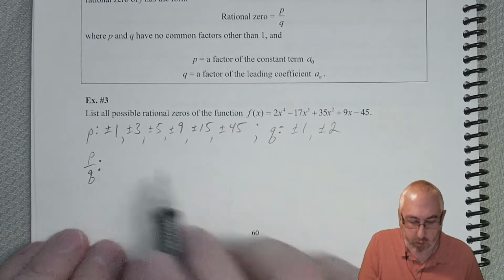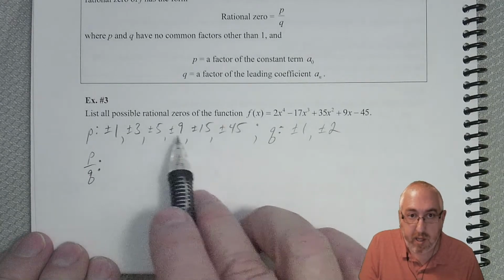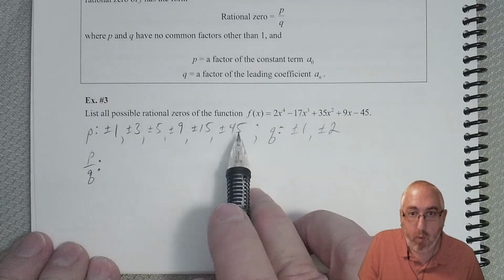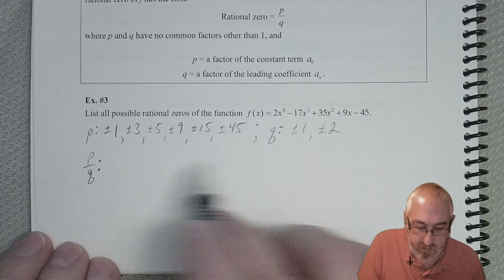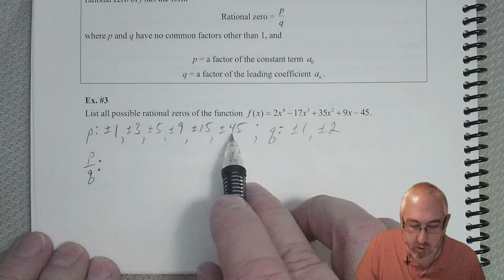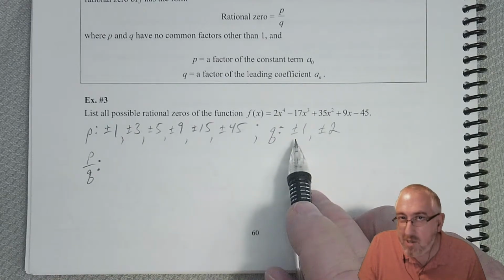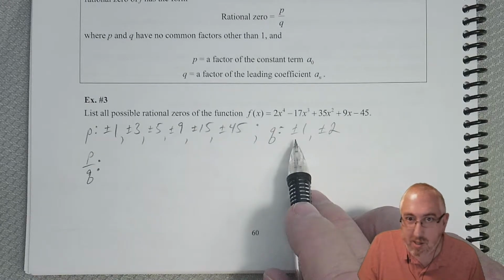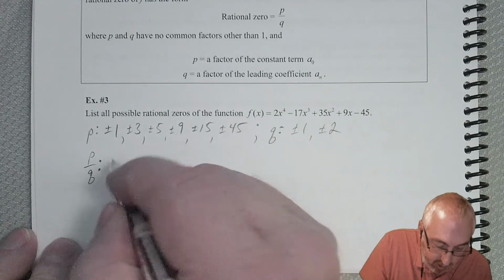p over q. Well, let's go down the list of p's and put it over each possibility of q. So let's first start by putting all of those over plus or minus 1. But plus or minus 1 doesn't really change anything. So really, the first list is all of p.